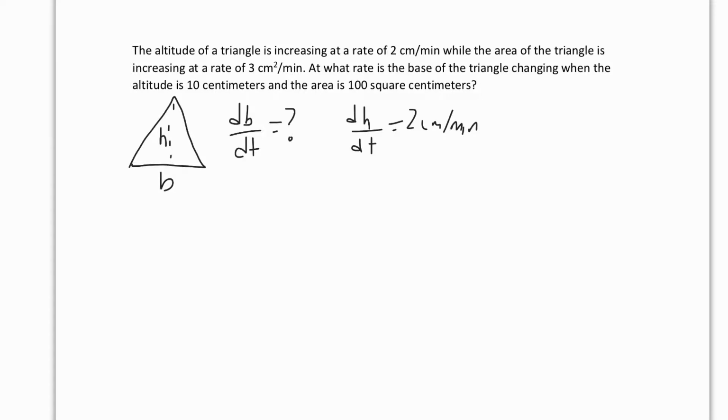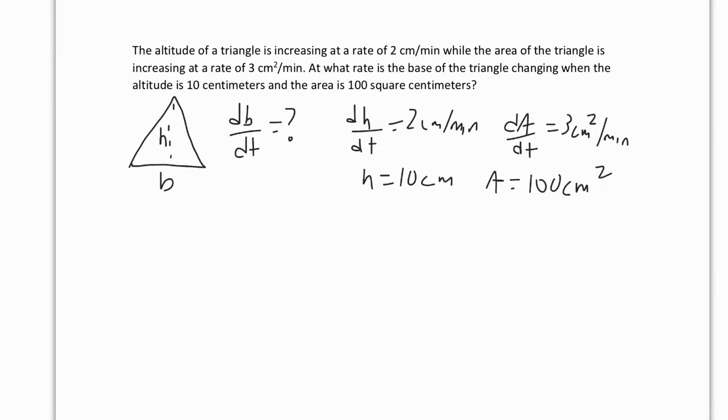And, oh, we also know the area. We know dA/dt is 3 centimeters squared per minute. And we know that the height is going to be 10, and the area is going to be 100.